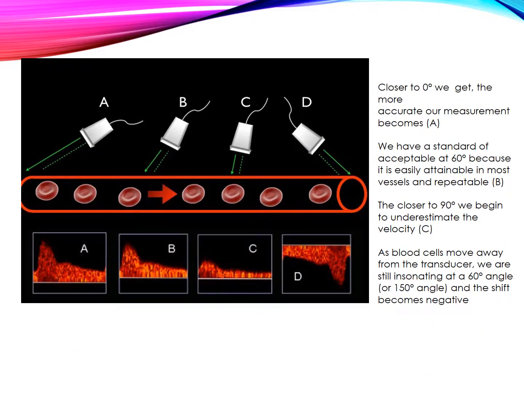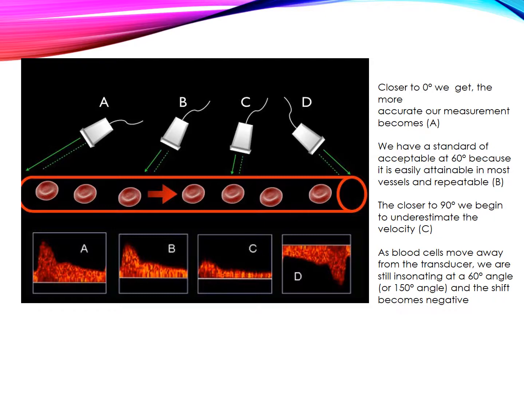So a big takeaway on understanding the cosine of theta concept is that you will be able to determine how accurate the blood velocities that you are getting actually are. So yes, we do say that getting closer to 0, we're going to get that 100% accurate measurement. That's truly, truly what we should be striving for. In echo, almost all of your windows put you at that 0-degree angle of incidence, not even something that you guys really think about.